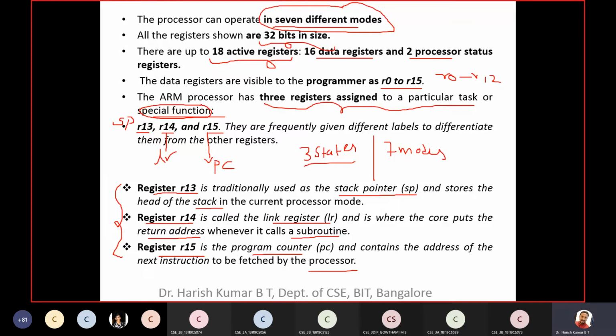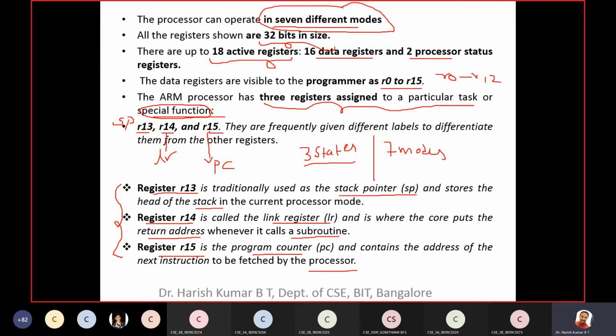Yes, sir. So it will not restrict you from using R13, R14 and R15 for your own purpose of storing something. You're free to use them, but before using these registers, you have to take a backup of the current values in them, then use the registers, and then restore the values back to R13, R14 and R15.